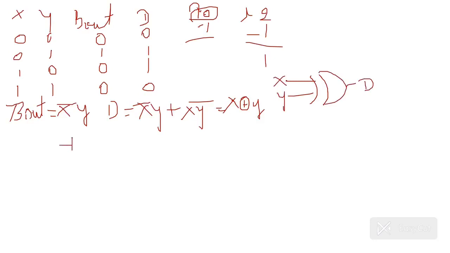So x bar means x NOT. This is x and this is y. This is the output borrow out. Okay, this is all about half subtractor.